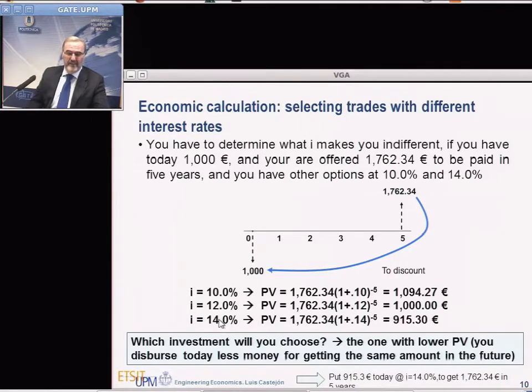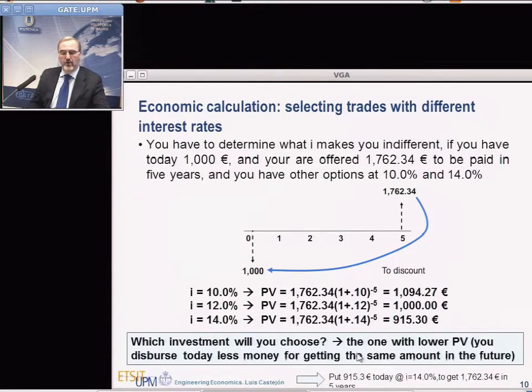But what does it mean? If you want to compare the result of having at the end of 5 years the same amount from the 3 different options, the way you choose the interest rate for the investment is because you need to put less money for having the same amount in the future, 5 years from now. You will put today not 1,000 euros, you put less money, and you will save about 85 euros for another use.